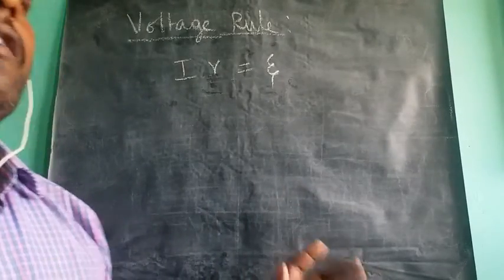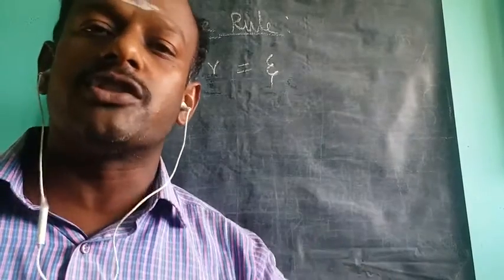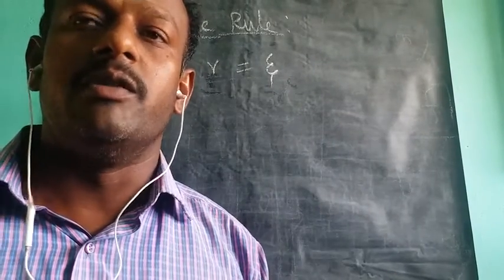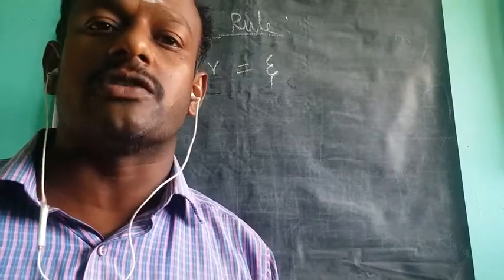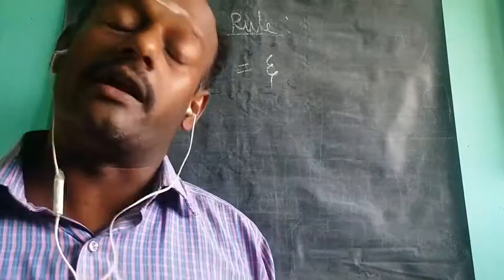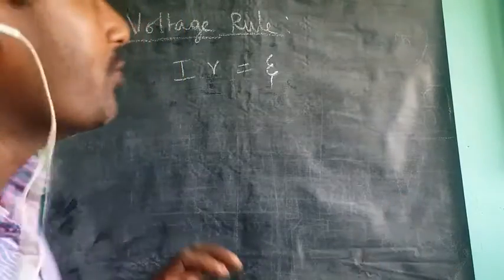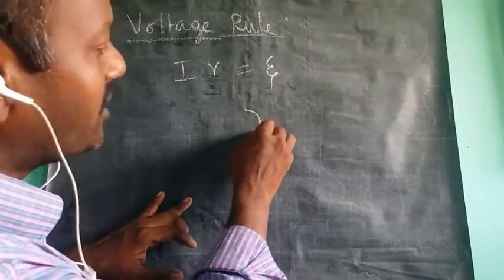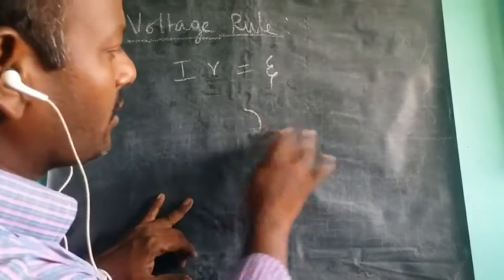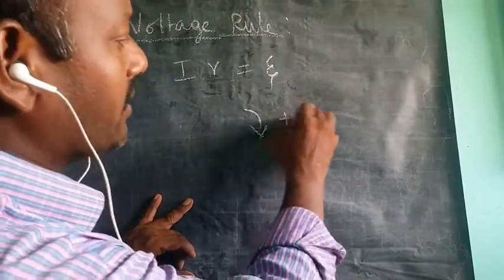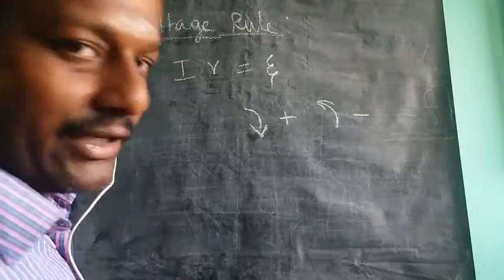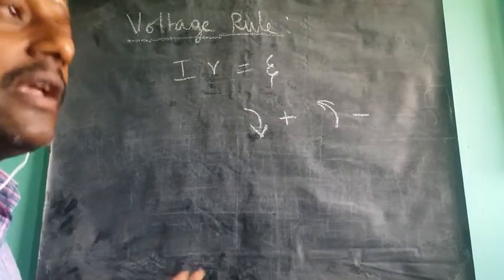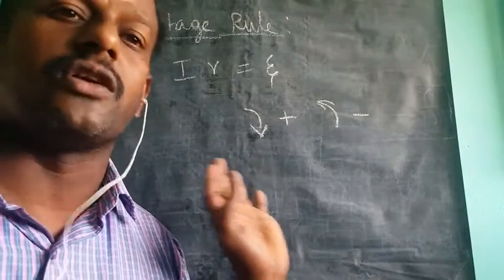Moreover, when the current is moving from positive to negative, it is taken as positive. When it is moving from negative to positive, it is taken as negative. Or in other words, when the current is moving in a clockwise direction, it is considered positive, and when the current is moving in an anti-clockwise direction, it is taken as negative. This is a very important thing in Kirchhoff's law.